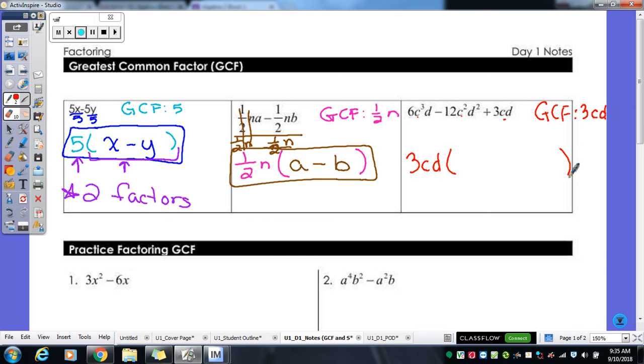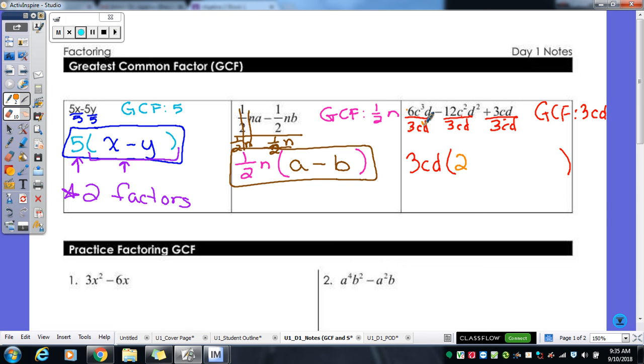I make my parentheses a little bit bigger this time because I have a trinomial, so that means inside my parentheses I'm also still going to have a trinomial. So then I divide each of those 3 terms by the 3cd. So the first one, when I divide 6 divided by 3, gives us a 2.